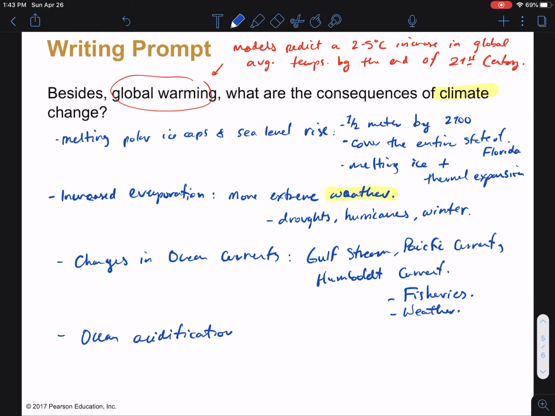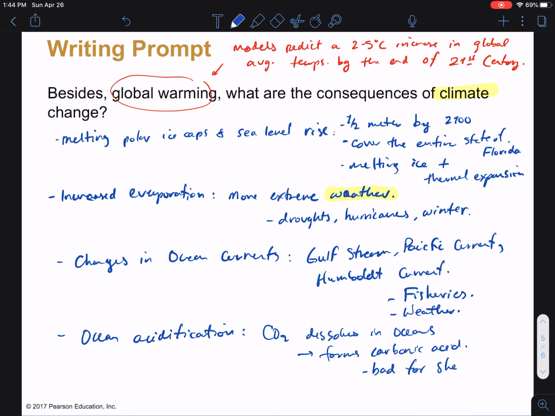acidification. And this can cause problems with sea life. But what happens here is CO2 dissolves in the oceans. We've talked about that. But when it does, it forms carbonic acid. And this can wreak havoc on sea life with shells.